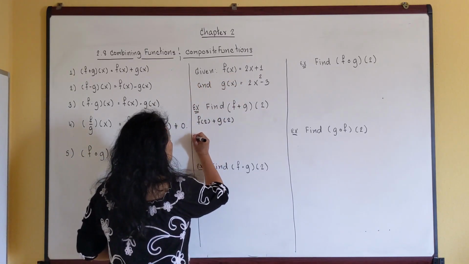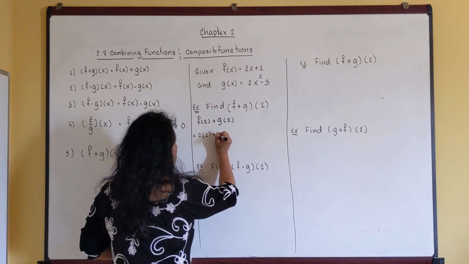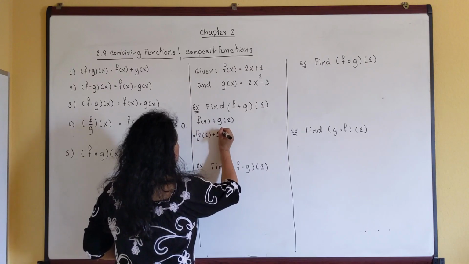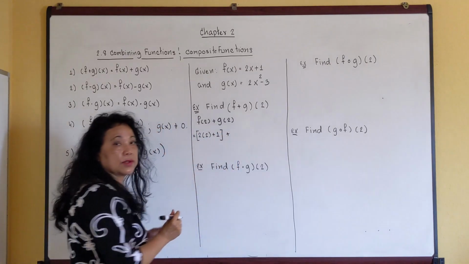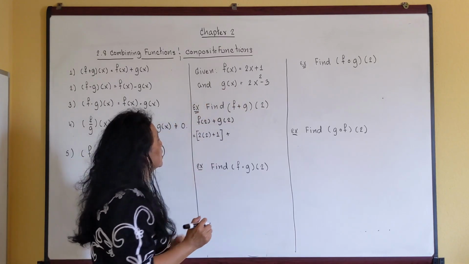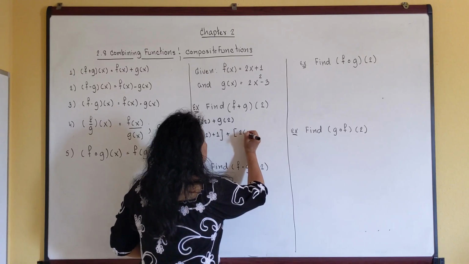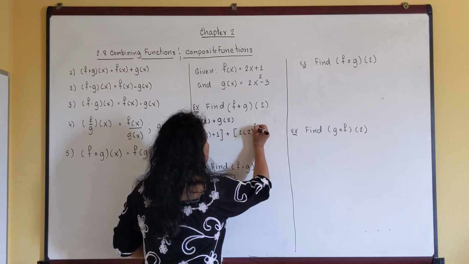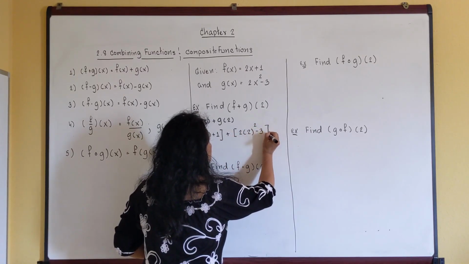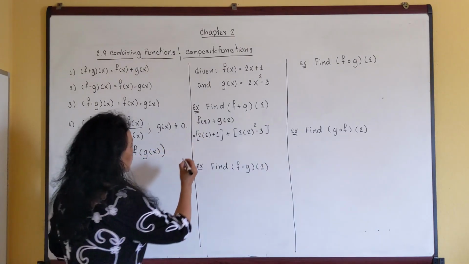So I'm going to have 2 times 2 plus 1 for f of 2. Now for g of 2, I go to the g function. Wherever I see x, I replace it by 2. So I'm going to have 2 times 2 squared minus 3. All right, so 2 times 2 is 4, plus 1 is 5.